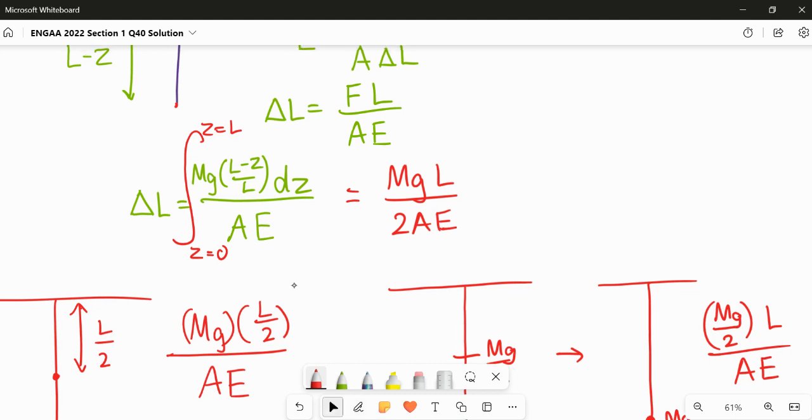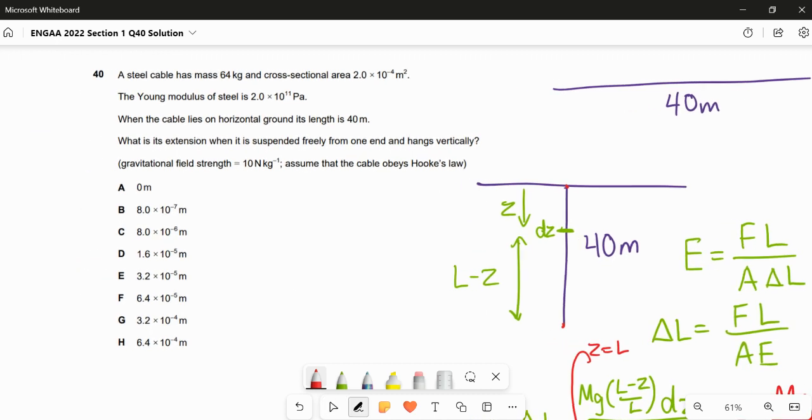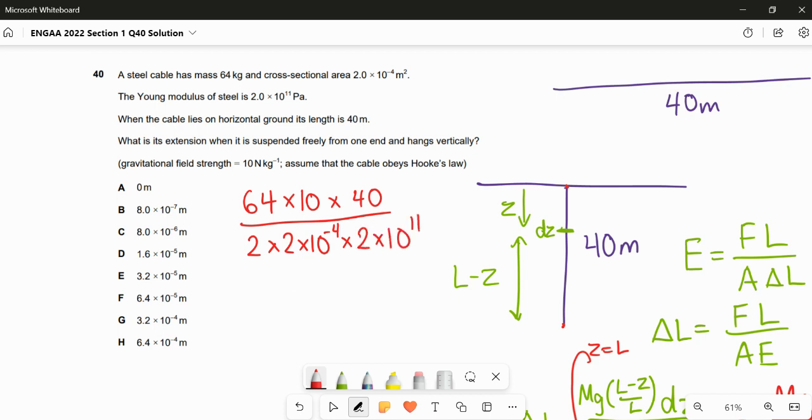So putting the numbers in, as mentioned earlier, we would have 64 times 10, so 10 for g, times L, which is 40, over 2 times A, 2 times 10 to the minus 4, times E, which is 2 times 10 to the 11.